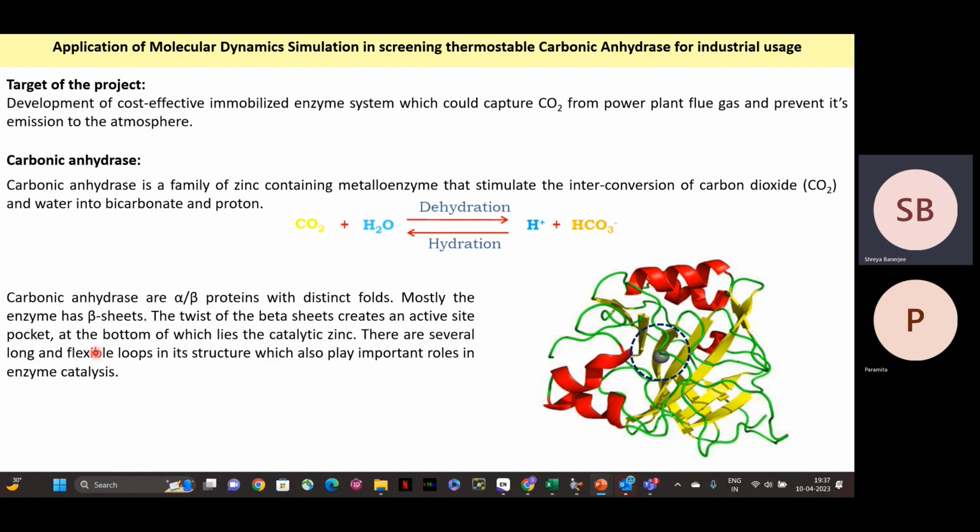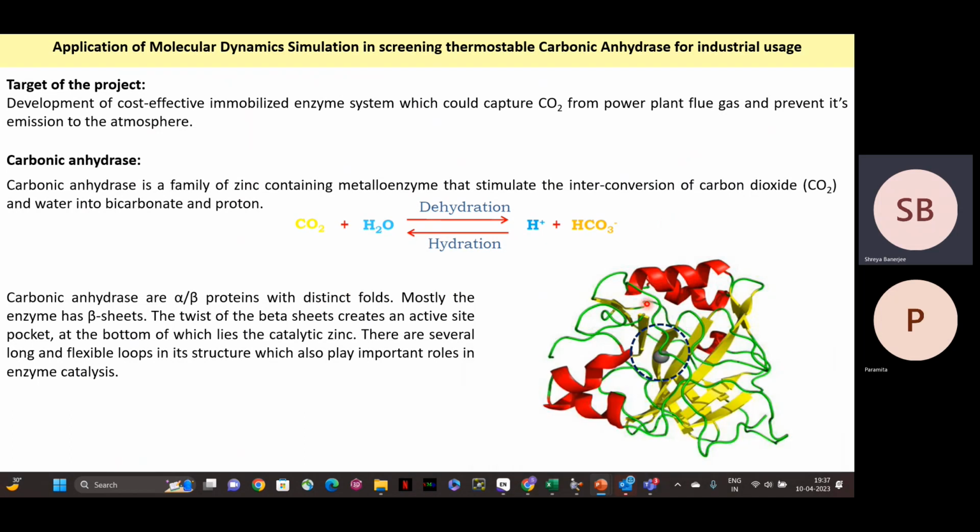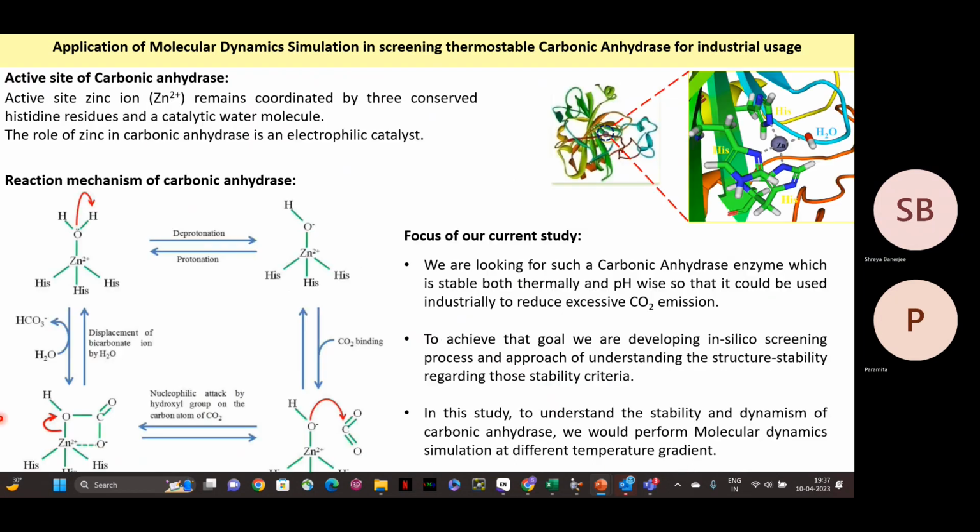And there are several long and flexible loops in the structure which play important roles in the catalysis. All these green loops that are shown are quite flexible. And as you know, a catalytic site always has to be flexible so that it can adjust to the shape of the substrate. So these loops also play an important part in the catalysis.